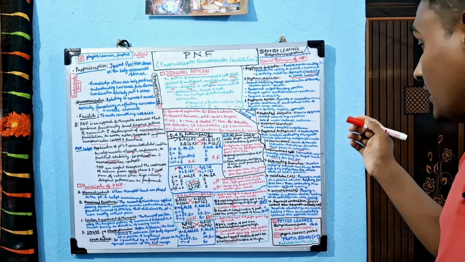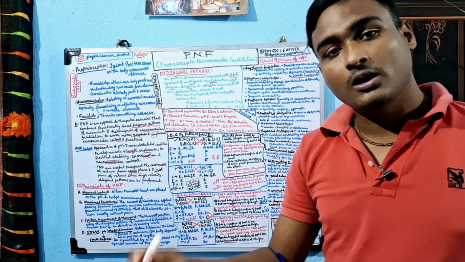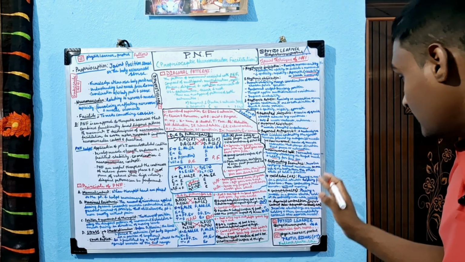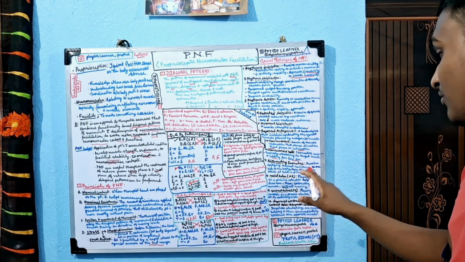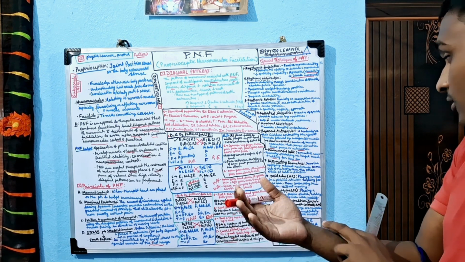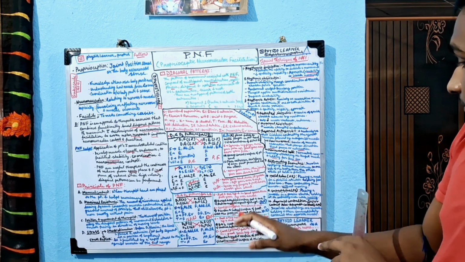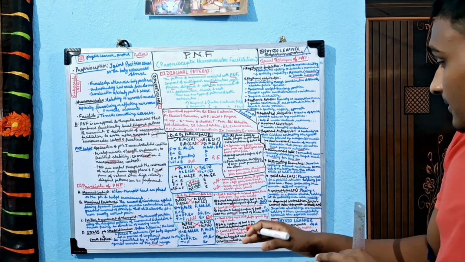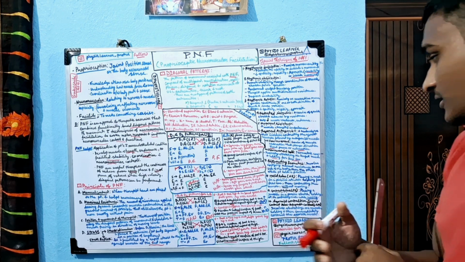What is alternating isometric? This involves applying manual resistance to one side of the body, then the other, while the patient holds the position.